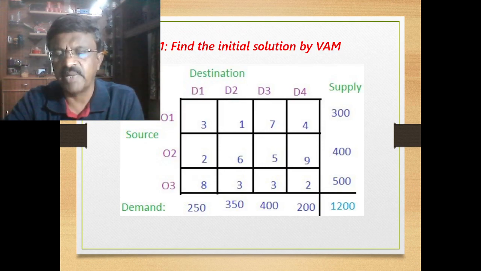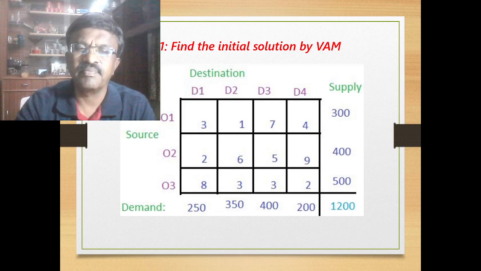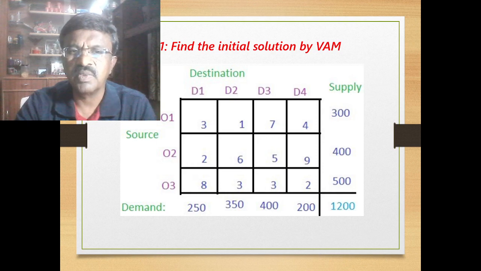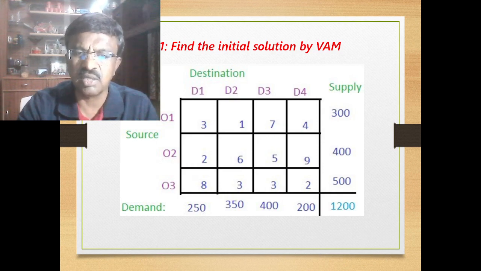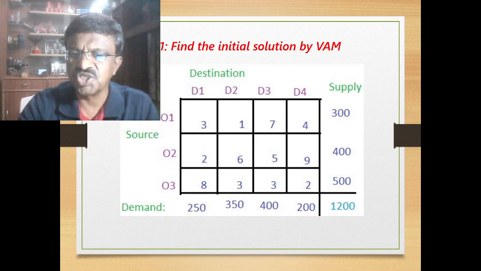We will explain this by looking into a numerical example. So here it is a TP with 3 rows and 4 columns. There are 3 origins or sources and 4 destinations, D1, D2, D3, D4. Supplies at origins are listed as 300, 400, 500, and demands at the destinations are listed as 250, 350, 400, 200 at the bottom of the table.